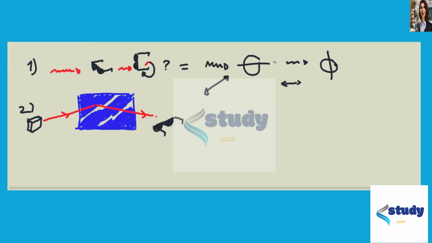So if this is at 90 degrees and this is at 0 degrees, then the angle of difference between the polarization axis of the second polarizer and the polarization axis of the wave coming out of the first polarizer is 90 degrees, meaning that you get no light coming through.